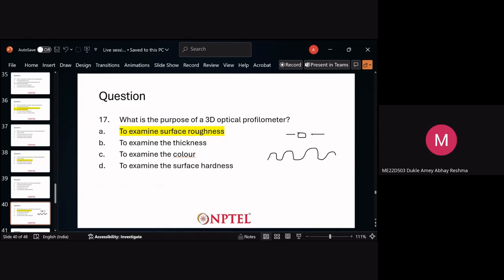What it will do is it will send incident light, and based on the depth, you will have a difference in the change. So you will get an optical profile of the surface. That is how the 3D optical profilometer works. So it is used to measure the surface roughness.